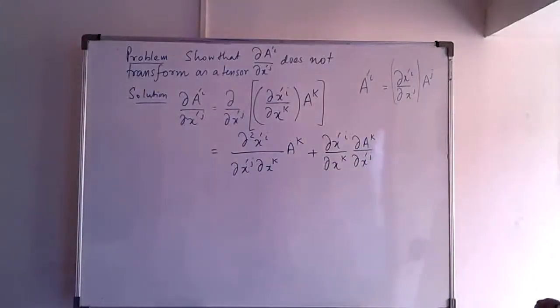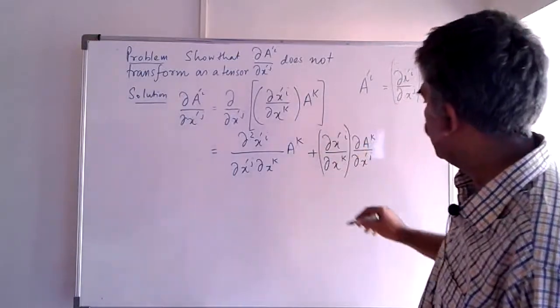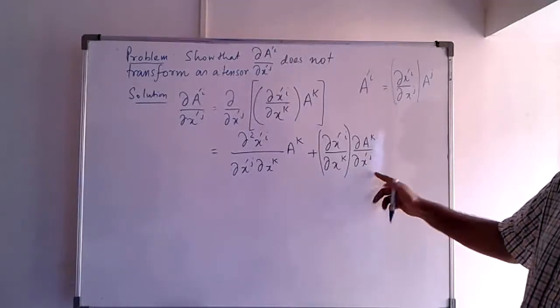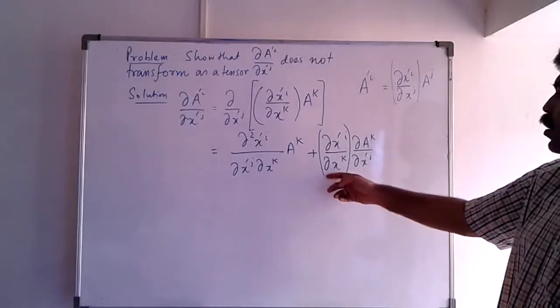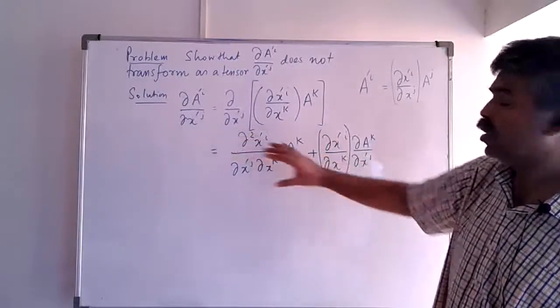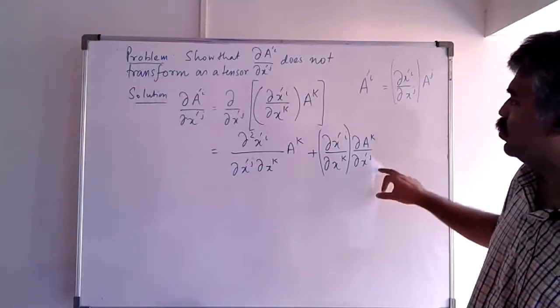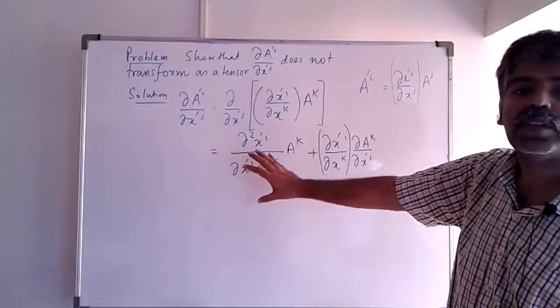See, if I have only this term, suppose this term is not there, this part transforms as a tensor, right?